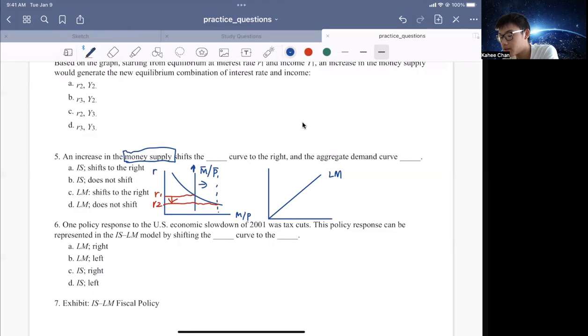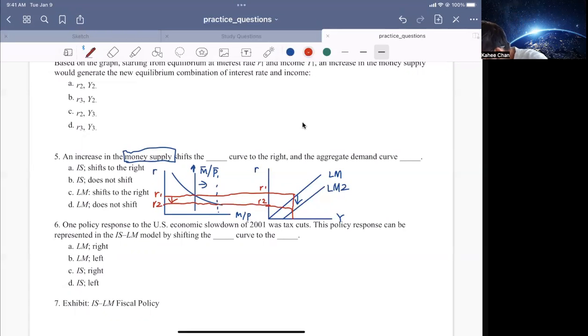When there's a decrease in interest rate, the M curve shifts downward from R1 to R2.